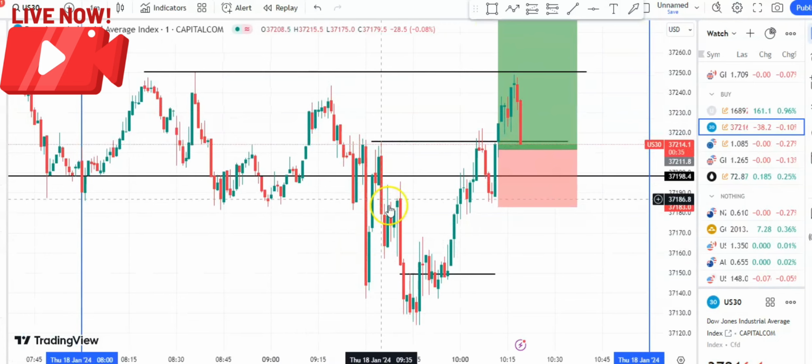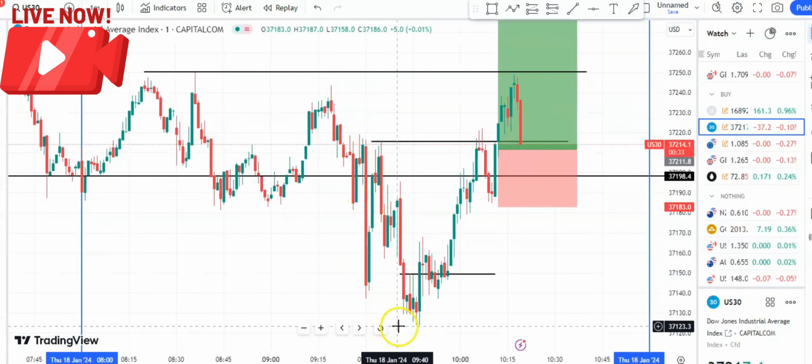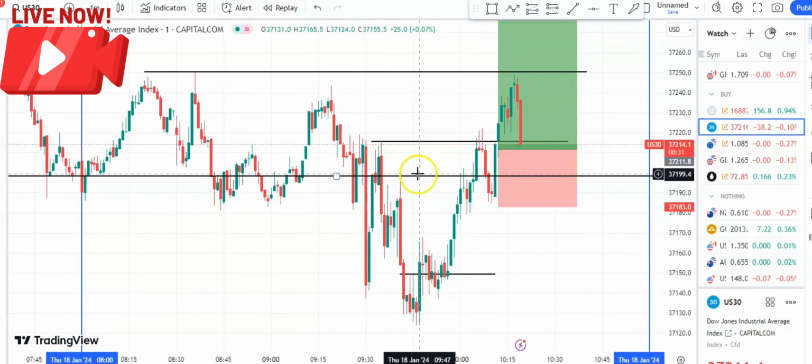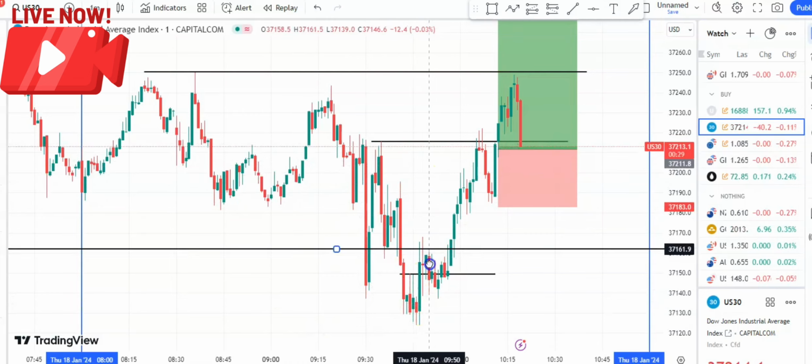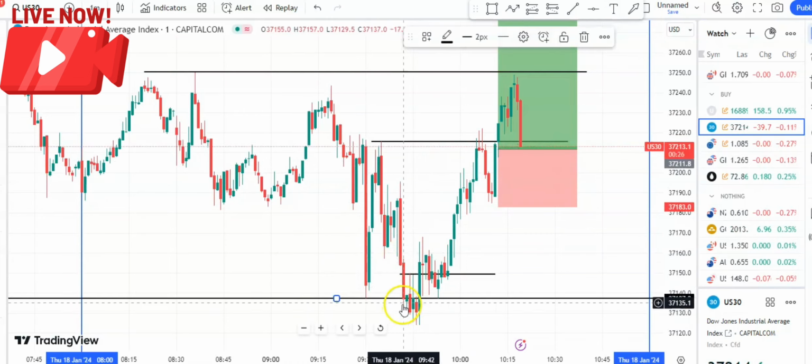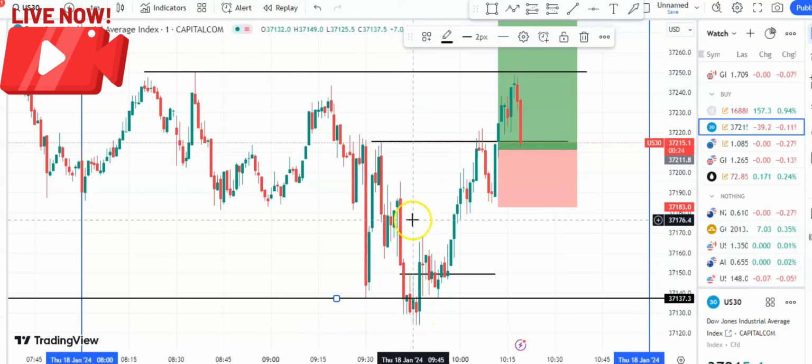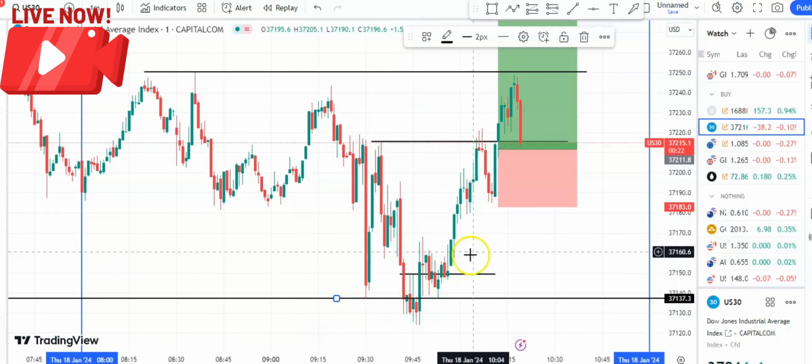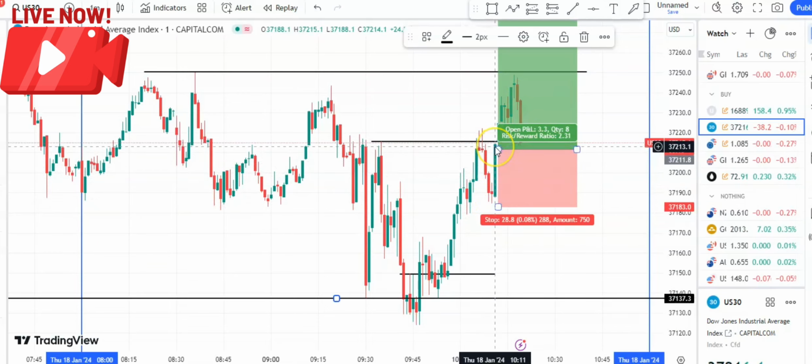So in our setup, we were looking for a W pattern. So this is the W pattern here. We have the W pattern, break of structure, pull back, and then we got the engulfment, which is a terrible entry, and this is a 3-star setup.